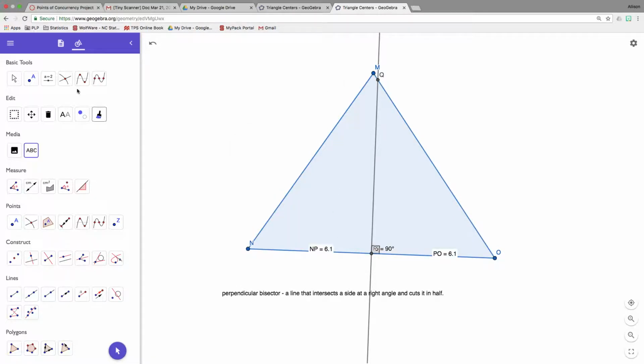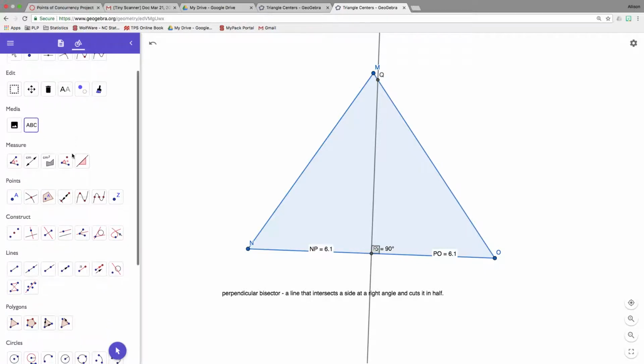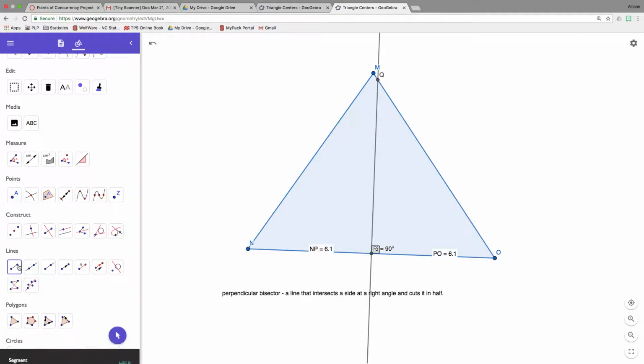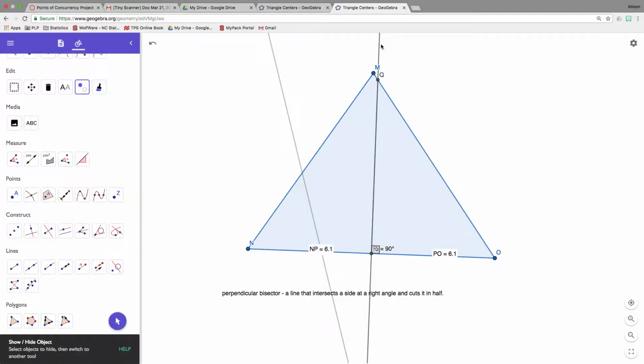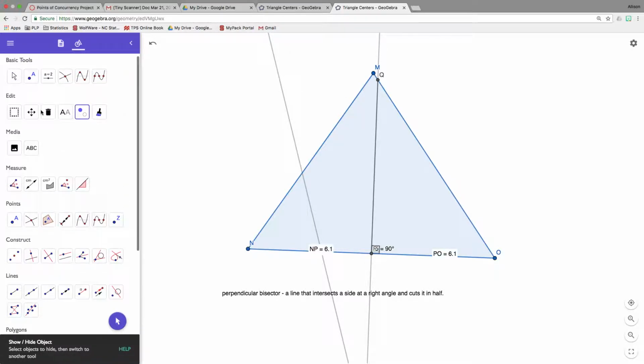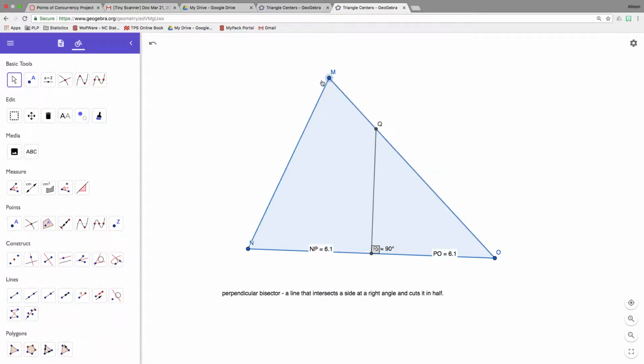Have we tried hiding the line yet? Yeah. Does it work? Yeah. Put a segment from P to Q. Hide that line. Make sure it's still there. Oh yeah, there we go. When mine goes over, how does yours not go away?